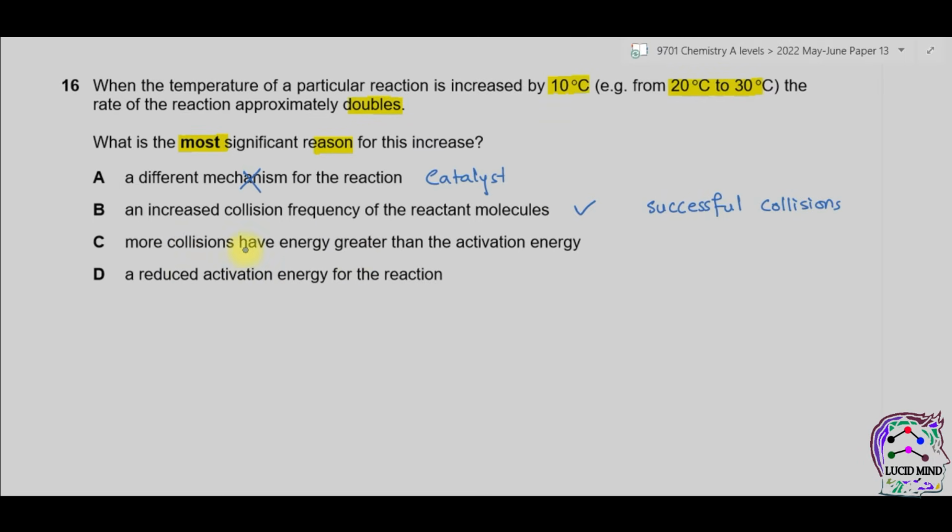Part C, more collisions have energy greater than activation energy. Now this is true because if more collisions have energy more than activation energy, then more product is formed, and when more product is formed, the rate of reaction will increase and it doubles. So this part is true. A, reduced activation energy for the reaction. Now activation energy can only be reduced by a catalyst.